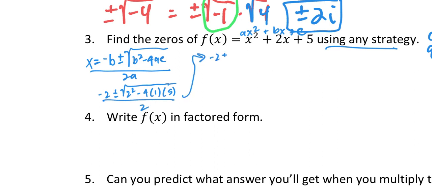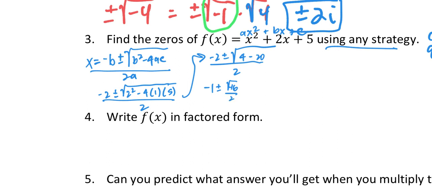Okay, this simplifies to 2 squared is 4 minus 20 all over 2. Negative 2 divided by 2 is negative 1, plus or minus root of negative 16, divided by 2.